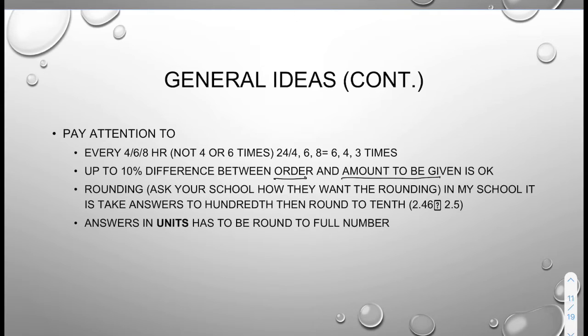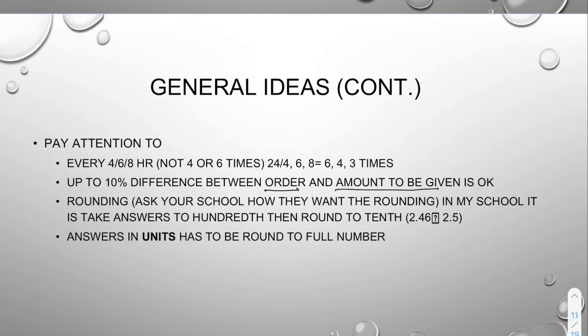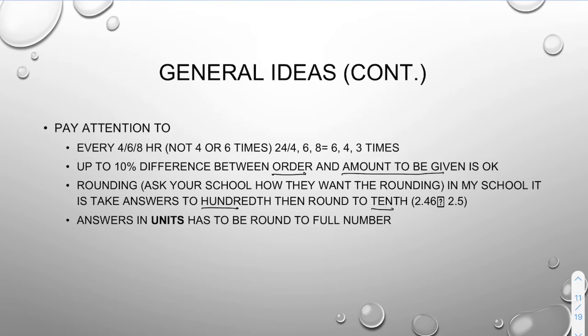Next, rounding. Different schools and institutions, like hospitals, want rounding done differently. As far as my school goes, in fundamentals of nursing and IV math, they said to take the number to hundredths and round it to tenths. For example, 2.46 will be rounded to 2.5.